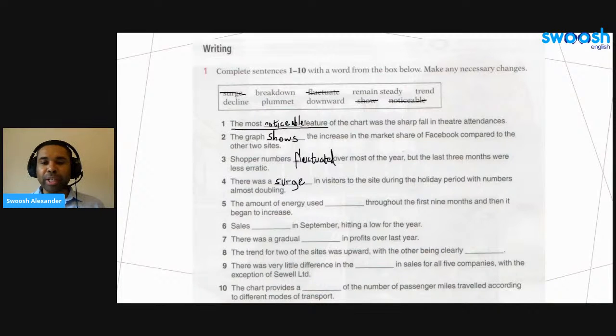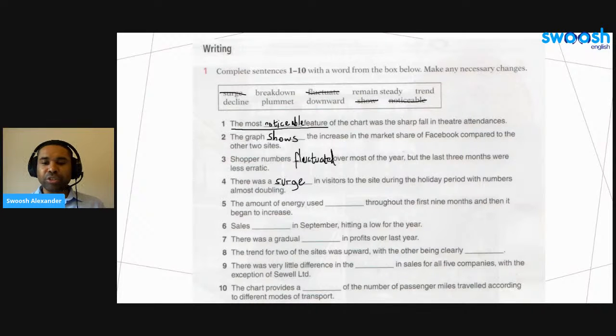What about number 5? Any suggestions for this one? If we look at number 5, so the amount of energy used. Any ideas? Let me know if you think you've got the answer in the chat box.